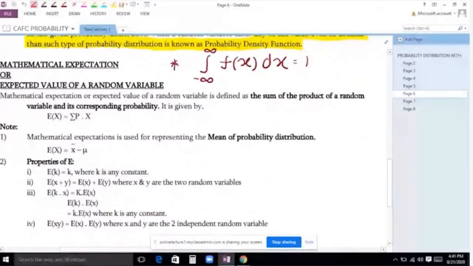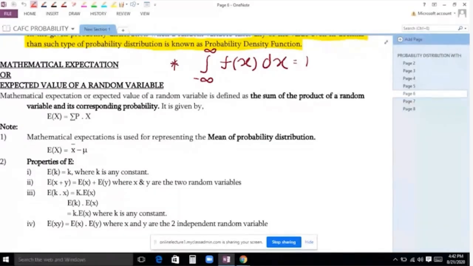So now let me start with the next important term, which is called mathematical expectation, or the expected value of a random variable. Very, very important, bro.